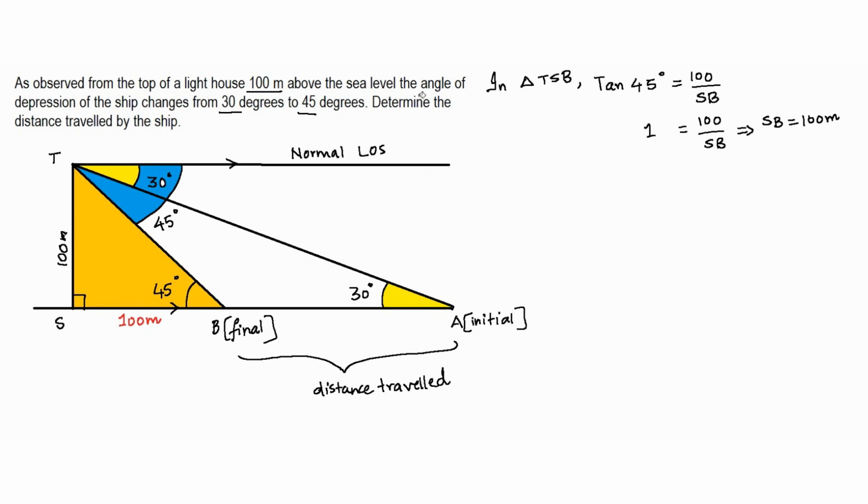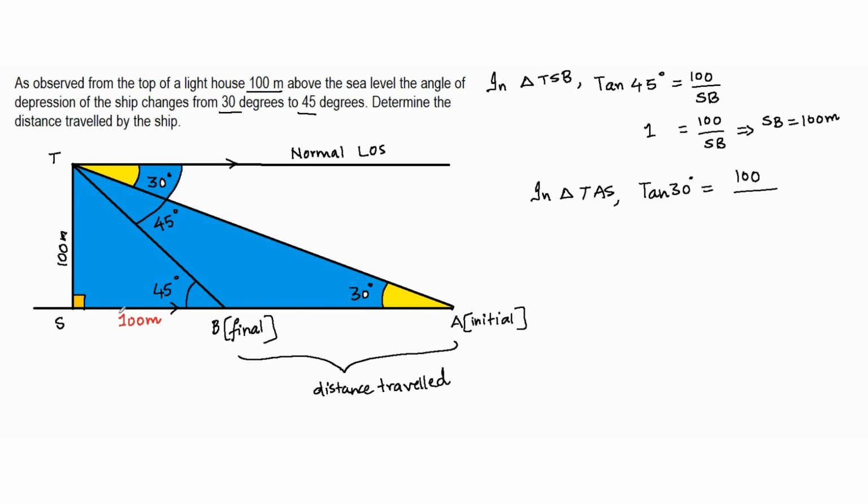Now I can consider the triangle with the 30 degree angle. The triangle that has 30 degrees is this entire triangle, that is triangle TAS. So in triangle TAS, with respect to 30 degrees, the opposite side is 100 meters and the adjacent side is not known. So I will use tan 30. Tan 30 is the opposite side, which is 100 meters, divided by the adjacent side, which is AS.